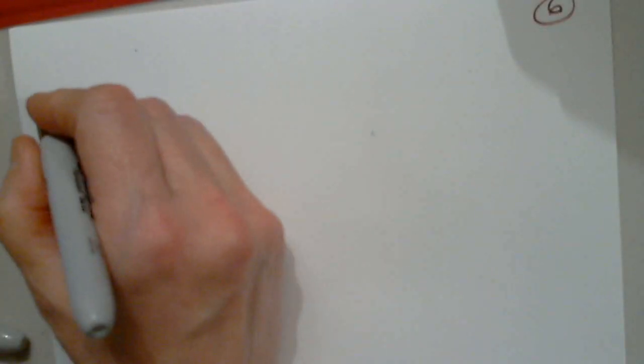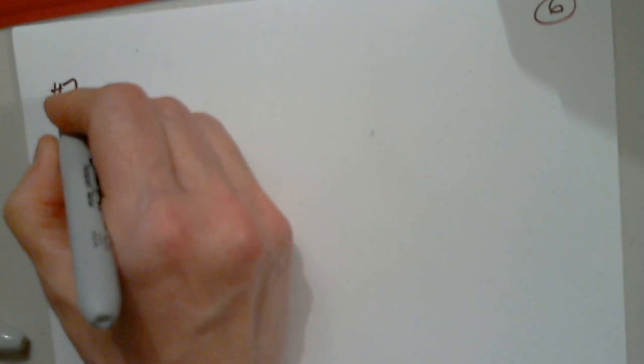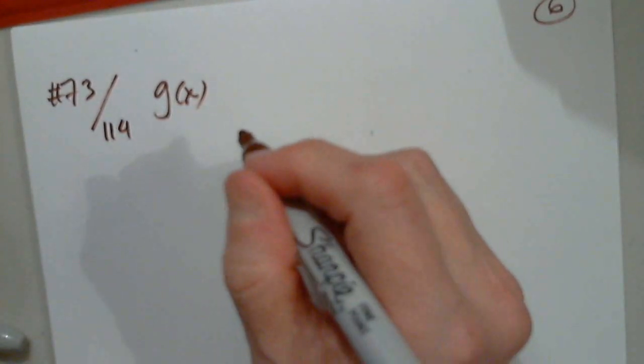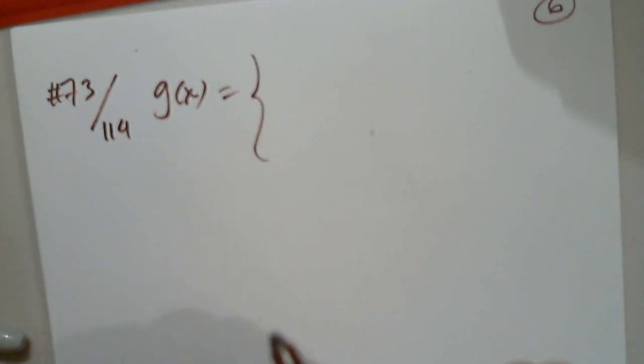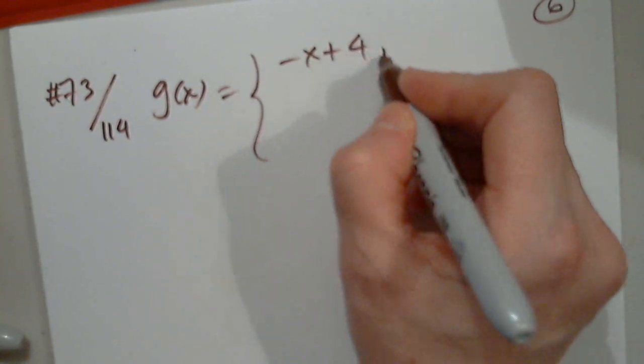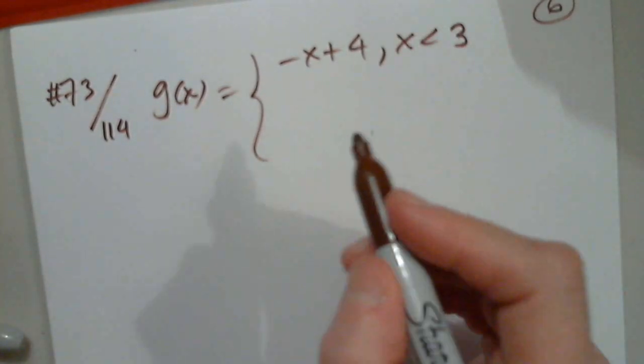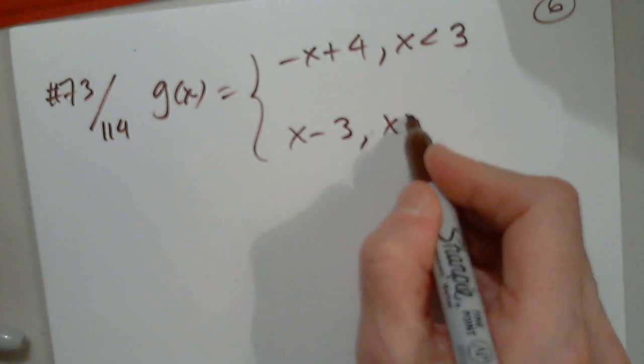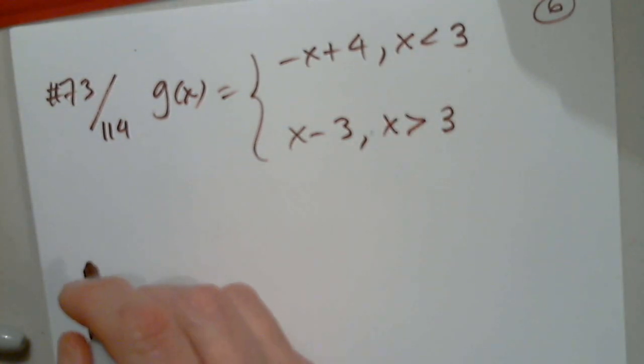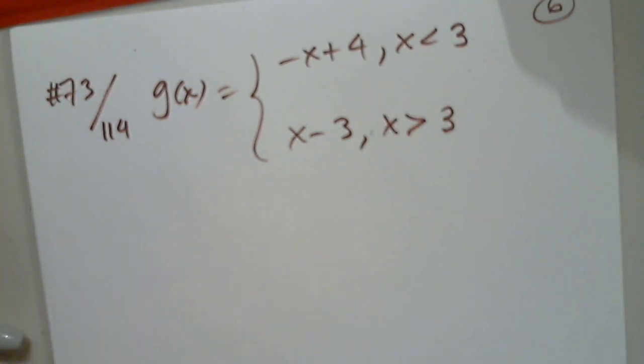Can we choose, let's say, maybe 73? Is that okay? Do you have another preference? I know we graph. Sounds good. Okay, so 73 on page 114, I just wanted to show again how important these piecewise defined functions are. So negative x plus 4 for x less than 3, and x minus 3 for x greater than 3, and they want us the left of 3, the right of 3, and either side.